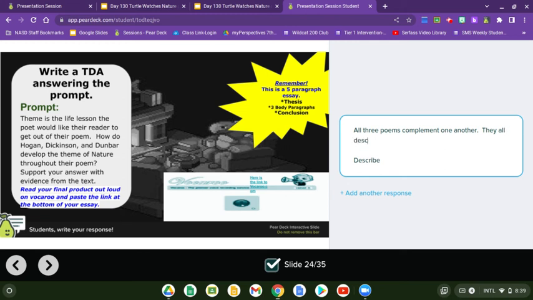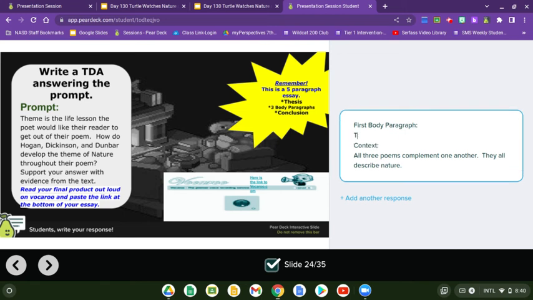They all describe nature. Period. So we've got the word describe and we've got the word complement. And we can use that one. I would say that would be a good one for either your first body paragraph, and probably it would be good for your context.